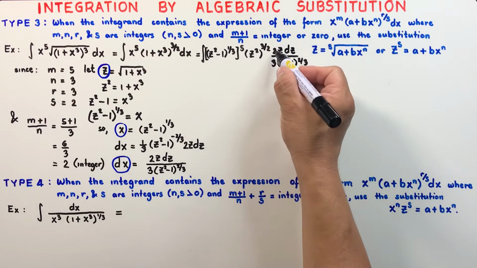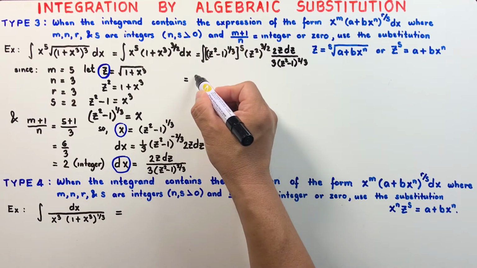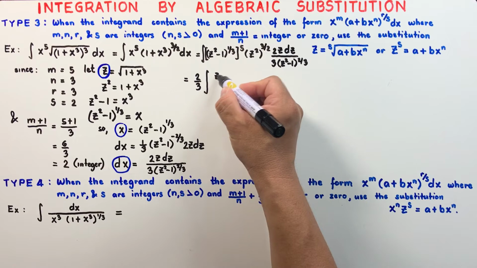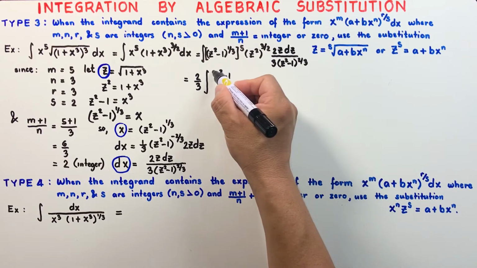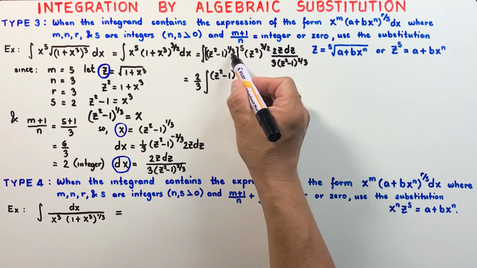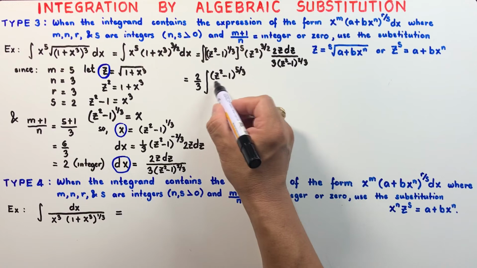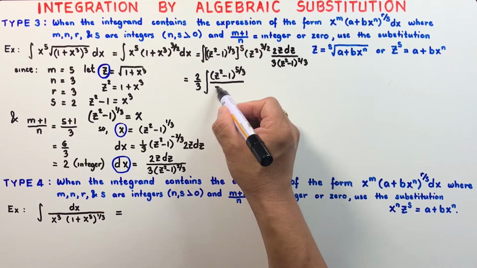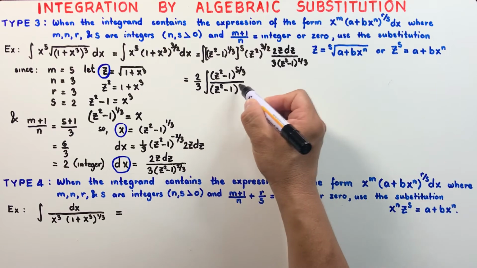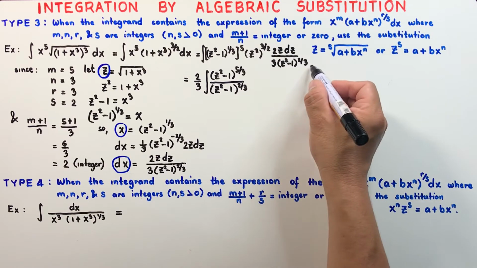So factoring out these constants in front of the integral symbol, we have 2/3 times the integral of z squared minus 1 to the power of 5/3, because when 1/3 is multiplied by 5, we have 5/3 here, and this will be divided by z squared minus 1 raised to the exponent of 2/3, because it is from this denominator.